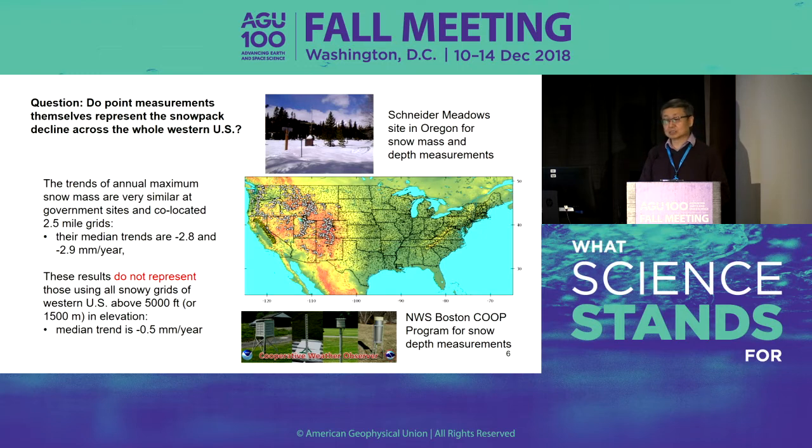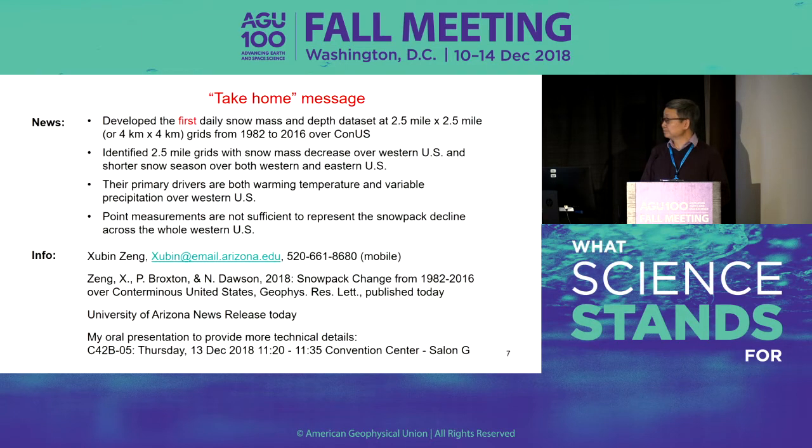However, results from those locations do not represent those using all snowy grids of western U.S. above 5,000 feet in elevation. I use 5,000 feet because all those government sites are located above this elevation. In fact, the median trend using all the snowy areas over western U.S. is only minus 0.5 millimeter per year.